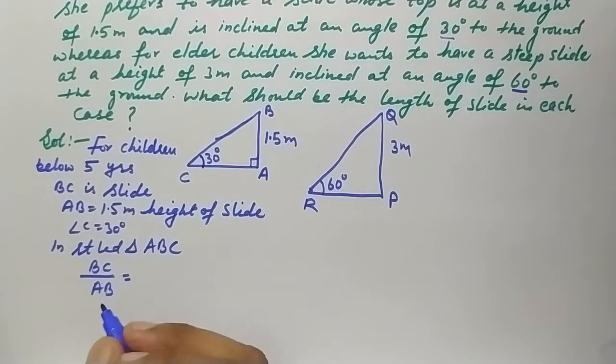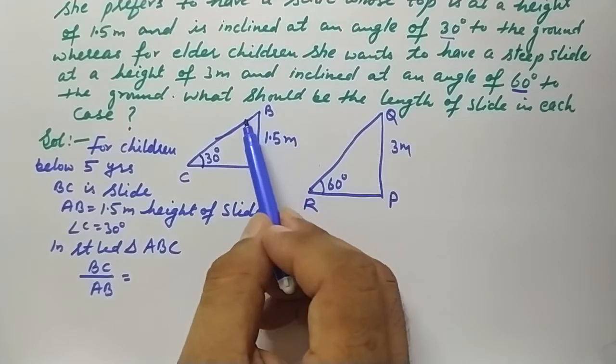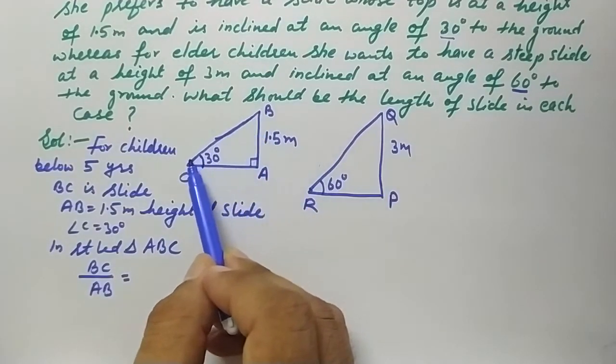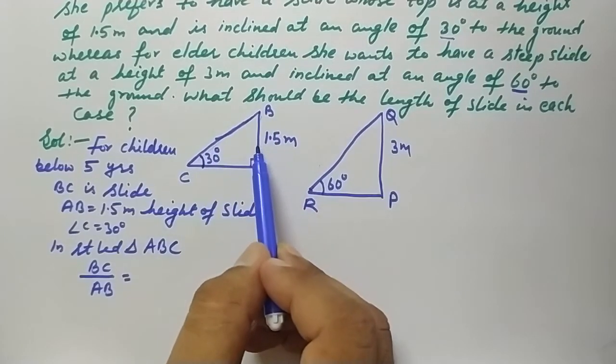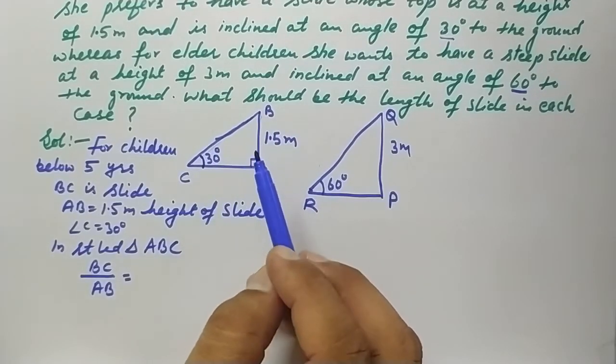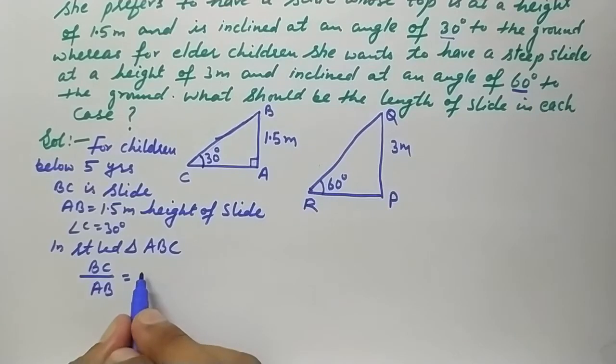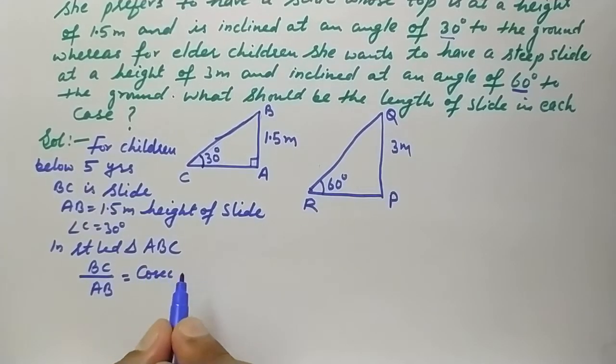So let's see which T ratio is made here. BC over AB, this is H over P with respect to angle 30. P over H is sine theta, so H over P is cosecant theta, the reciprocal of sine. So cosecant 30 will come here.